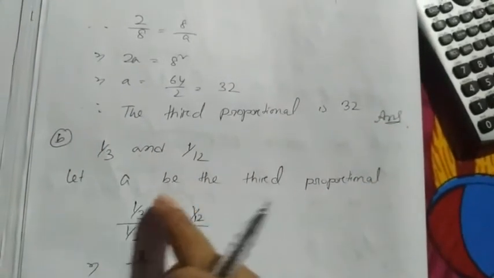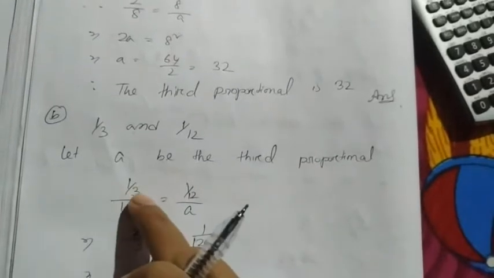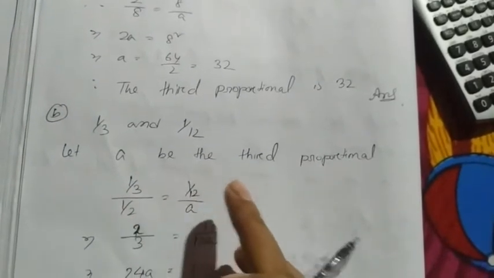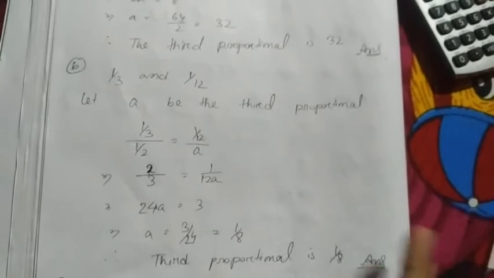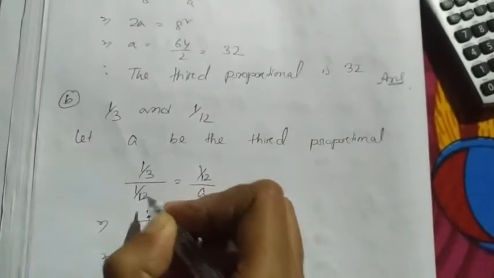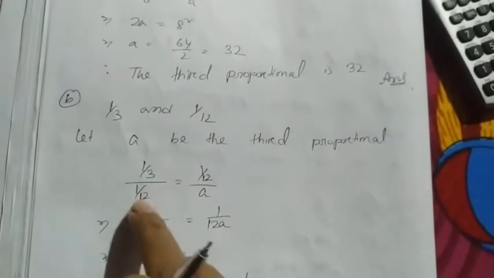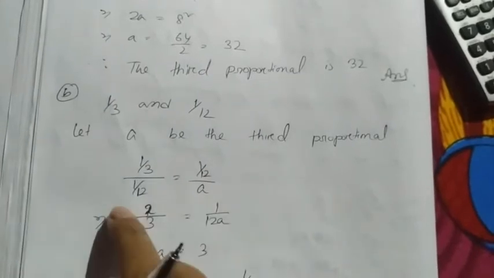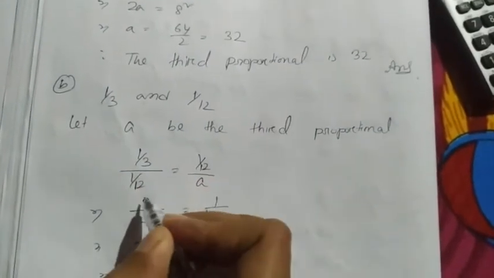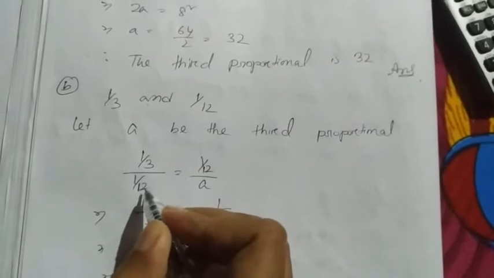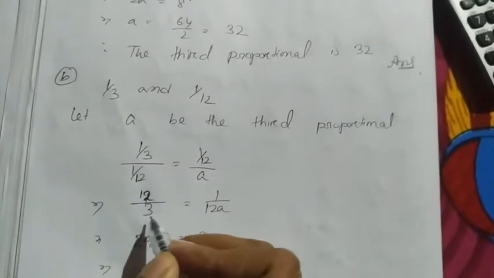1 by 3 and 1 by 12. Let A be the third proportion, then 1 by 3 divided by 1 by 12 equals 1 by 12 divided by A. So it will be 12 divided by 3, with 12 in the numerator and 3 in the denominator.